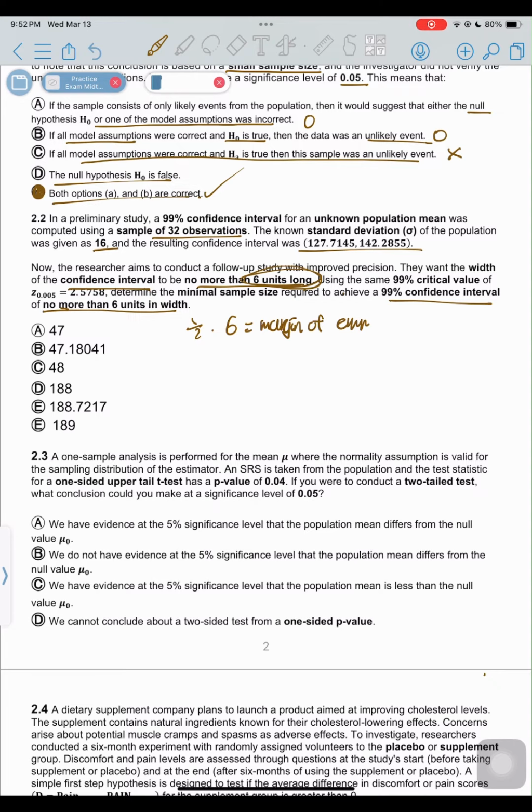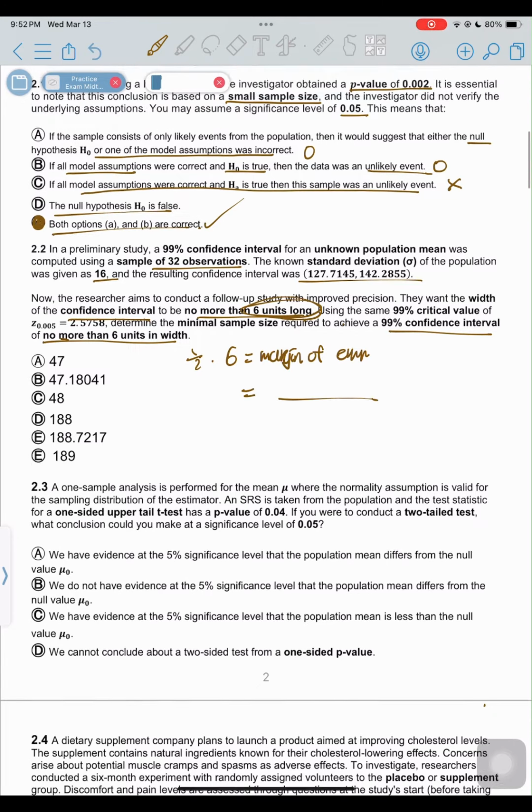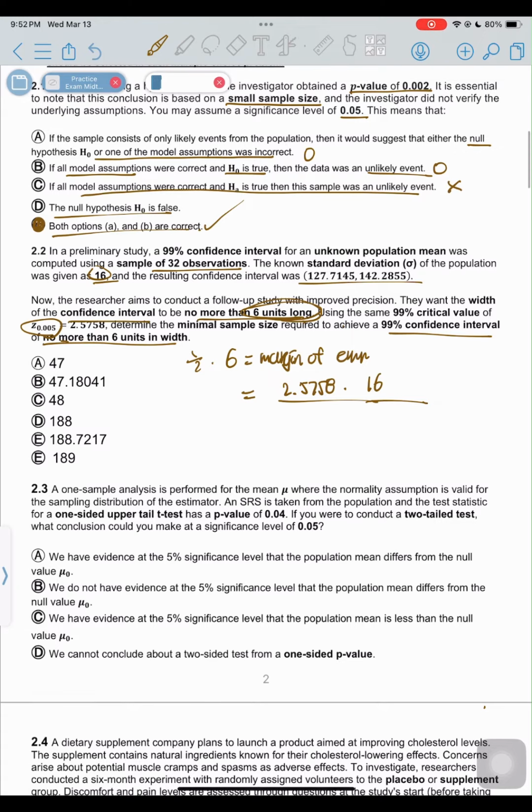And margin of error can also be found by using the same equation that we used above: the critical value, which is 2.5758, times the standard deviation value, which is 16, divided by the square root of the sample size, n, which is the one that we are looking for, right? So this value becomes just 3, right?